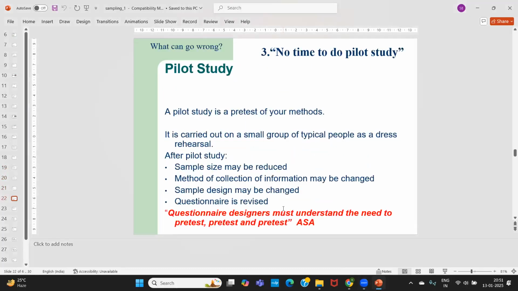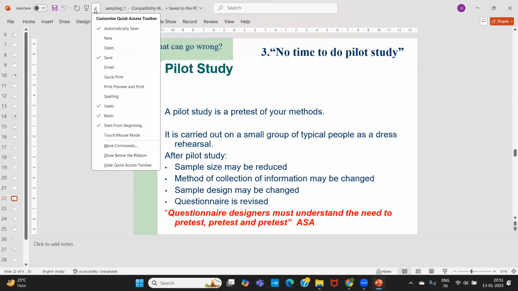Now, while developing the pilot study, a pilot study is a pretest of your methods. It is carried out on a small group of technical people as a dress rehearsal. The study is conducted on a very small group of individuals.